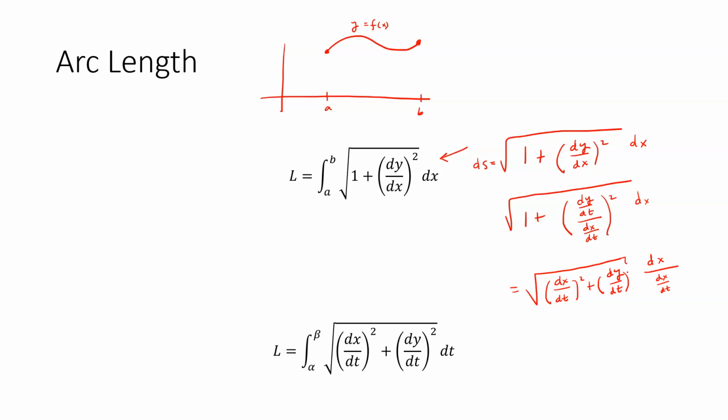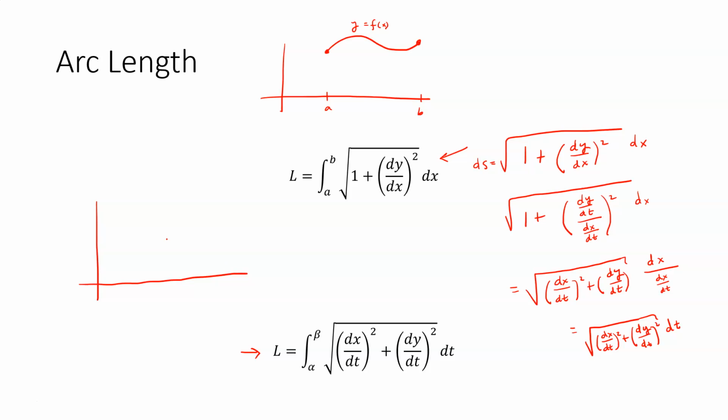And then finally we can simplify dx over dt as just dt. Which now we can see that the arc length differential ds expressed in terms of the parametric equations gives us this formula here for the arc length of a parametric curve.